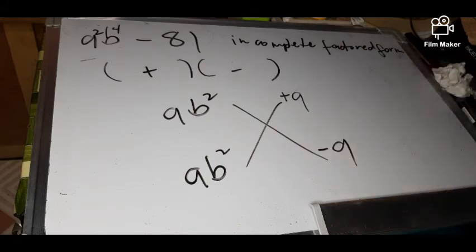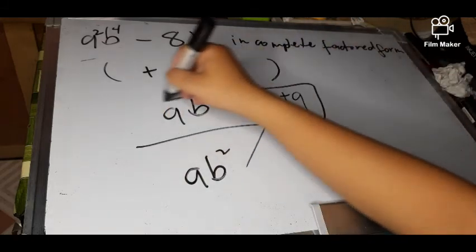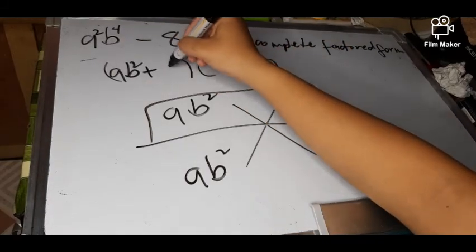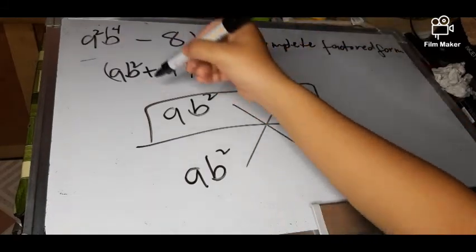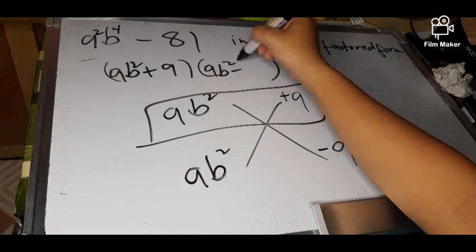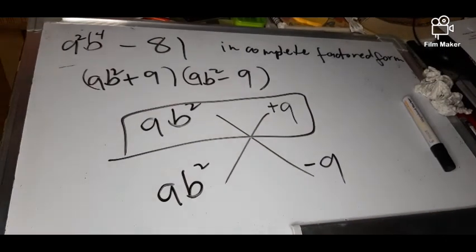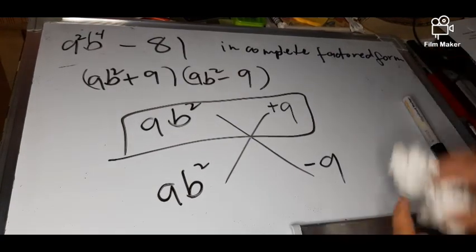So, lagay lang natin yun. This is positive and this is negative. Then, put this first. ab squared plus 9, ab squared minus 9. And that is the final. So, continue.